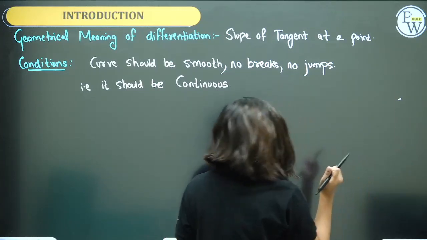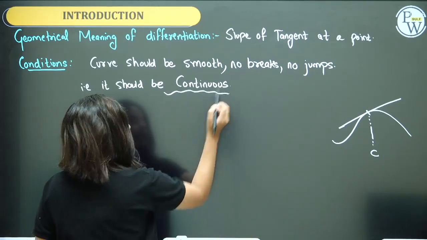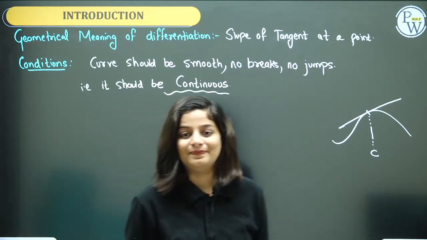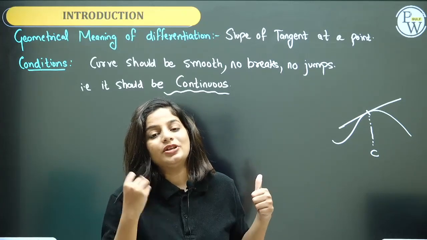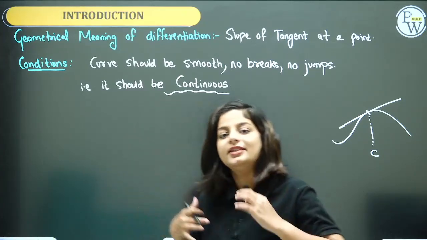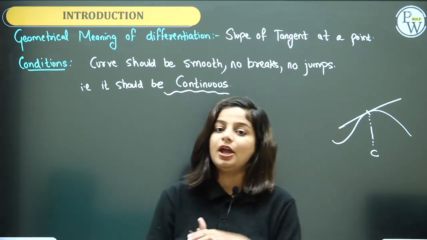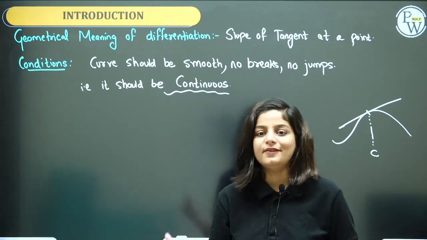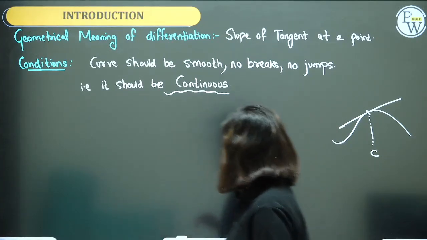So there was a requirement of a continuous graph. That's how continuity came into the picture. In order to differentiate the functions, it was needed that functions are continuous. Then we started exploring what is continuity, what is discontinuity, when is a function continuous, when it is discontinuous, and so on and so forth.